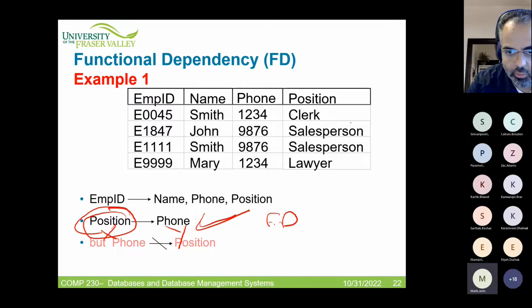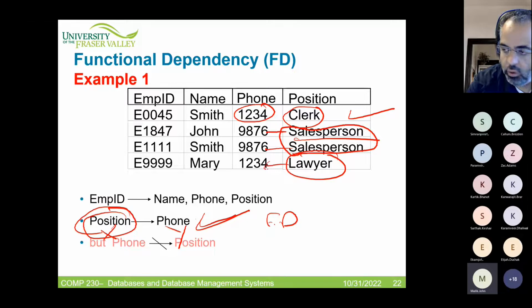So for position, we have a clerk. Clerk is related to 1, 2, 3, 4. There is another value here, salesperson. It's related to 9876. It is not related to another one. Lawyer, it's 1, 2, 3, 4.